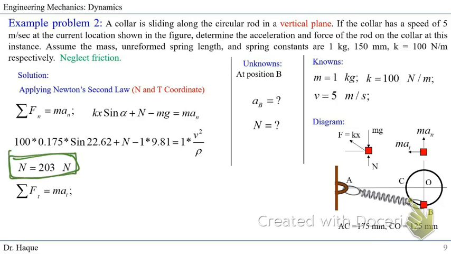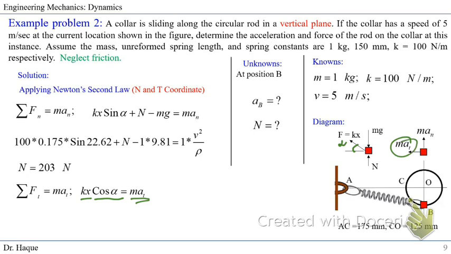Now we need to work on the tangential part of the force. Again, in the tangential part we have only this force component. This is alpha, so we'll have cos alpha times kx, equal to m a_t, the acceleration part of the equation of motion.